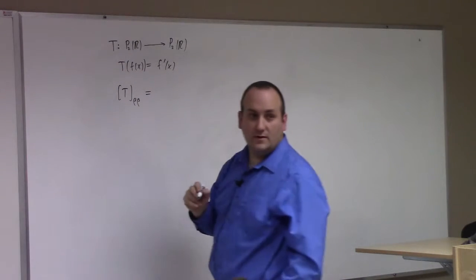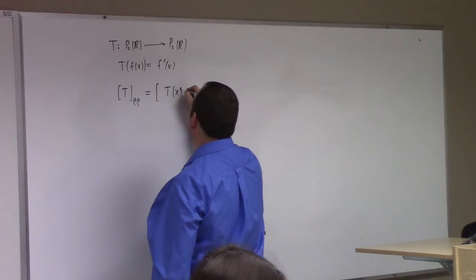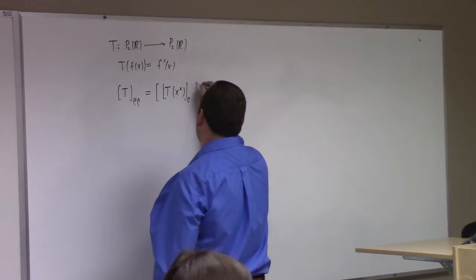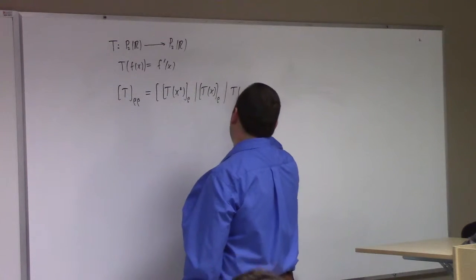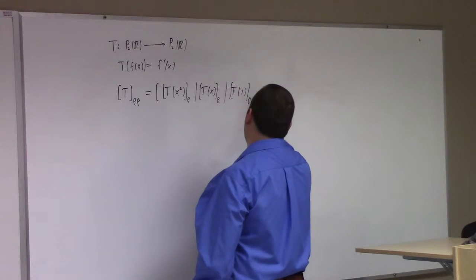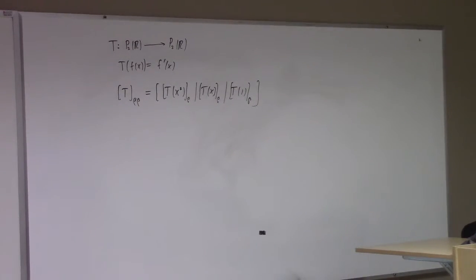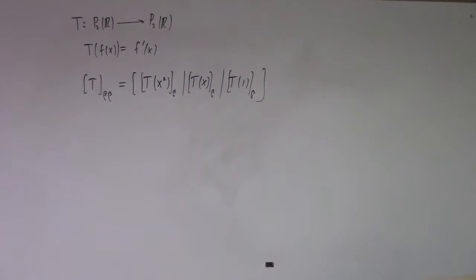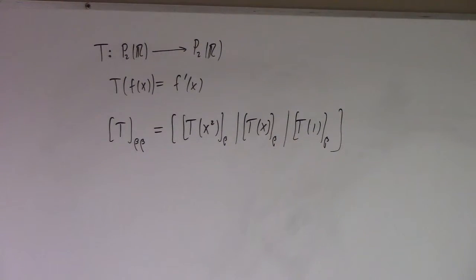So just getting straight to the point, this is T of x squared, the beta coordinate of that, T of x, the beta coordinate of that, T of 1, the beta coordinate of that. Of course, I understand where that formula is coming from in terms of the picture, but that's a nice, relatively fast way to calculate the matrix, right?